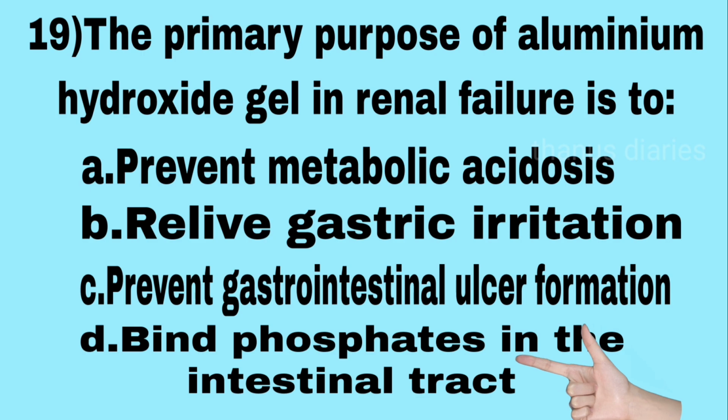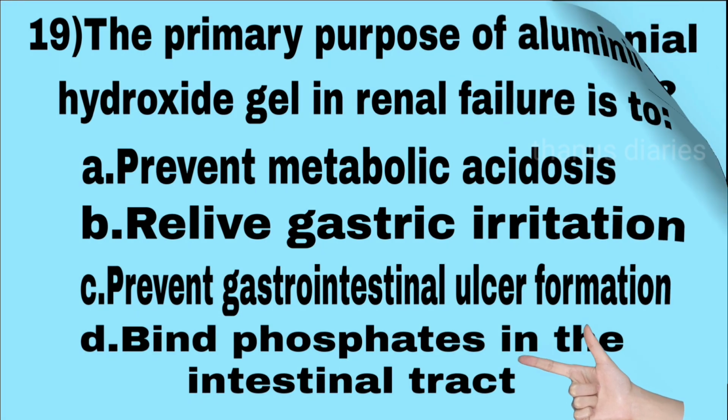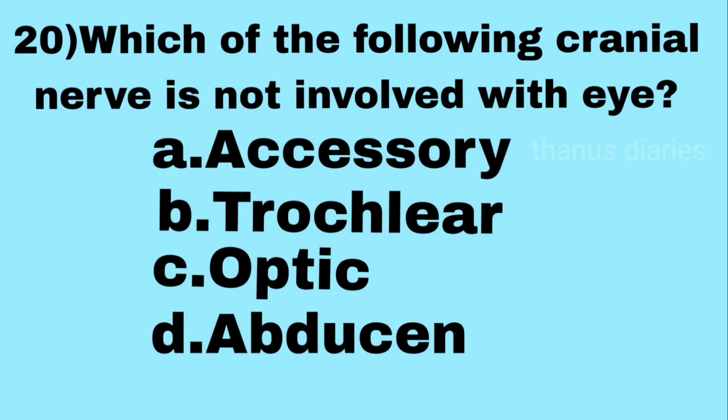The answer is bind phosphates in the intestinal tract. Next question. Which of the following cranial nerves is not involved with the eye? Accessory nerve, trochlear, optic, abducent. The answer is spinal accessory nerve.